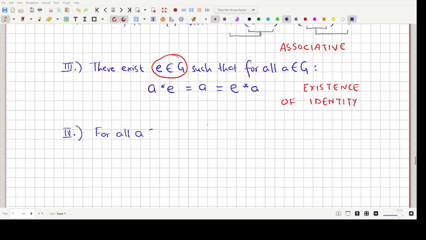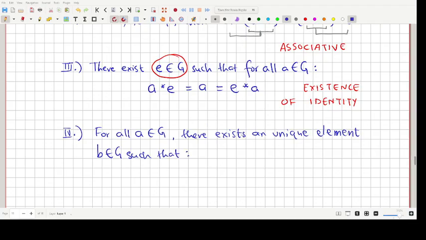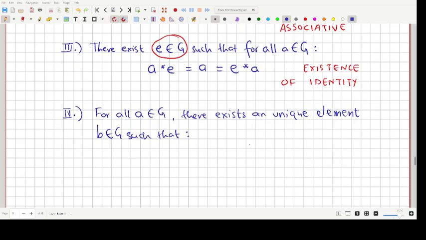For all elements of the non-empty set, or group, basically, there exists a unique element b in the non-empty set G, such that the following relation holds. What is the condition that is going to be true?